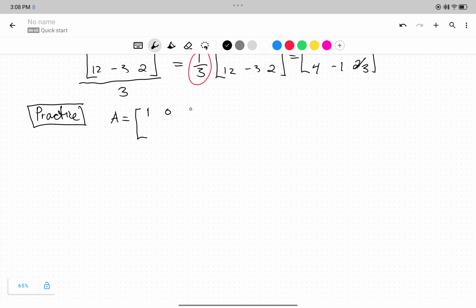A is 1, 0, 3, -2, 1 and 5, and then B is 2, 0, 1, -1, and then 3 and 4, and this is the calculation. B transpose minus 2 times A.